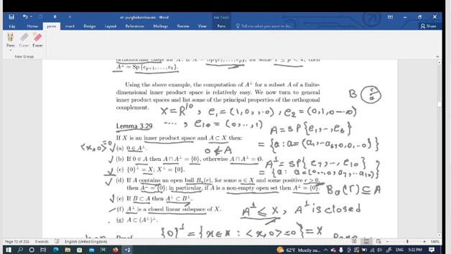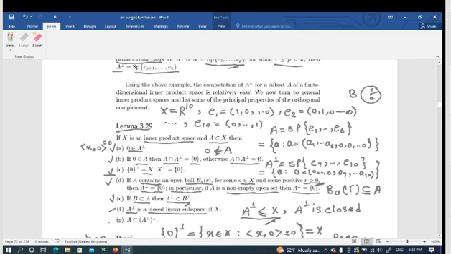C: the orthogonal of the singleton {0}, which means the set that has just one element, 0, equals X, and the orthogonal of X equals the singleton {0}.